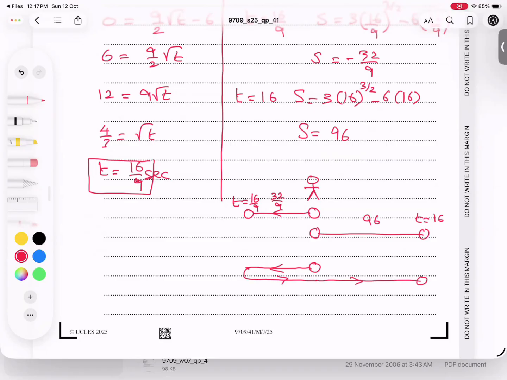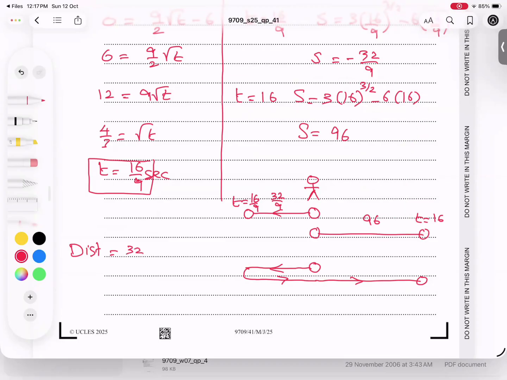How much distance is traveled in total? It is not hard to calculate now. Total distance traveled: first it moves backwards 32 by 9, then it comes back to the observer, again 32 by 9, and then 96. Because this is a displacement equation, not distance, the displacement from the observer is 96 when time is 16.